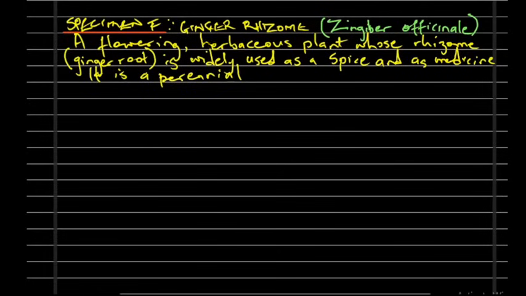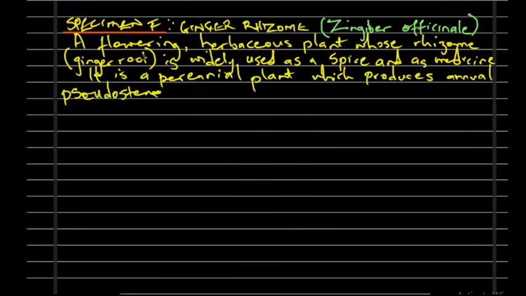So it is a perennial plant which produces annual pseudostems. When we talk about pseudostems, we are talking about false stems. That is what pseudostem means.